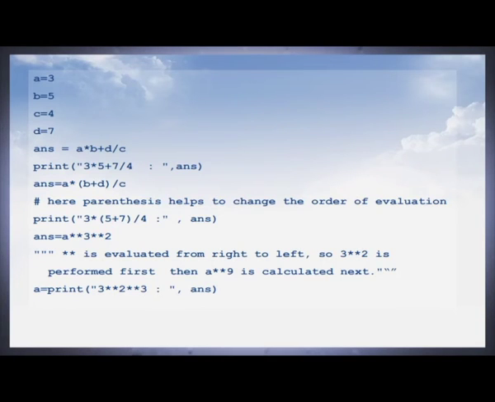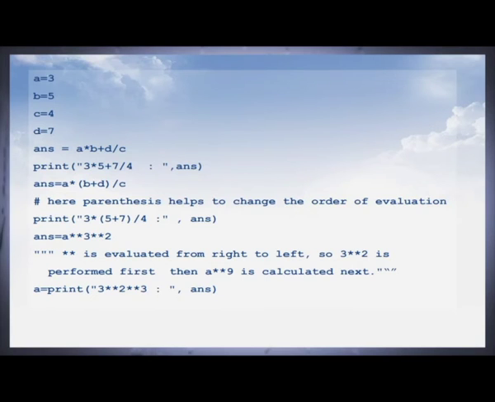Similarly, consider the example of A double star 3 double star 2, and this exponential operator will follow the associativity of evaluation from right to left. So, this is evaluated as follows. First 3 power 2 will be evaluated, and that will be used to calculate the power, that is A power 9 is calculated next.